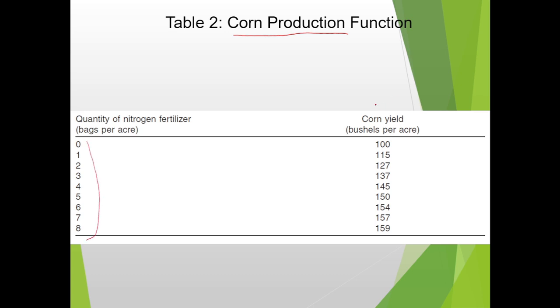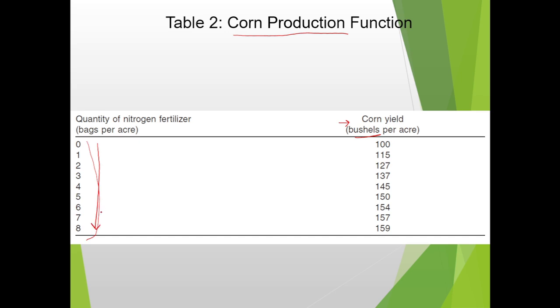And on the right hand side, you can see corn yield, and corn yield has been measured in bushels per acre. Bushels is when you take the corn out and put it in a container, right? So that's your bushels. As you can see in this piece of data, the quantity of nitrogen fertilizer is increasing as we go down in the table, right?